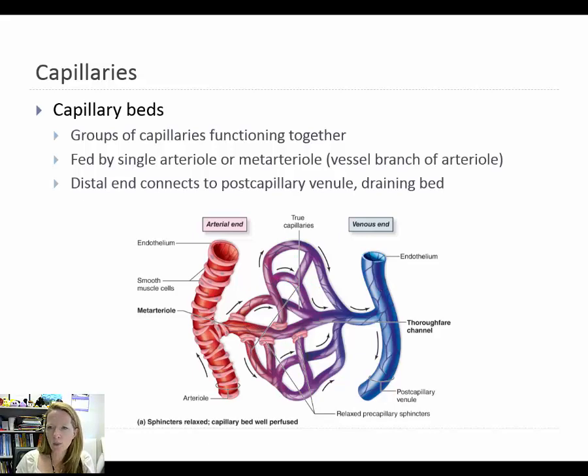So let's take a couple of differences on the arterial end as opposed to the venous end. Look at all this smooth muscle, right? This smooth muscle is basically going to control blood flow into the capillary bed. But then, look, you have these pre-capillary sphincters right here, and they're also smooth muscle, and they're found at the base, or the entrance, I guess, to the true capillaries.